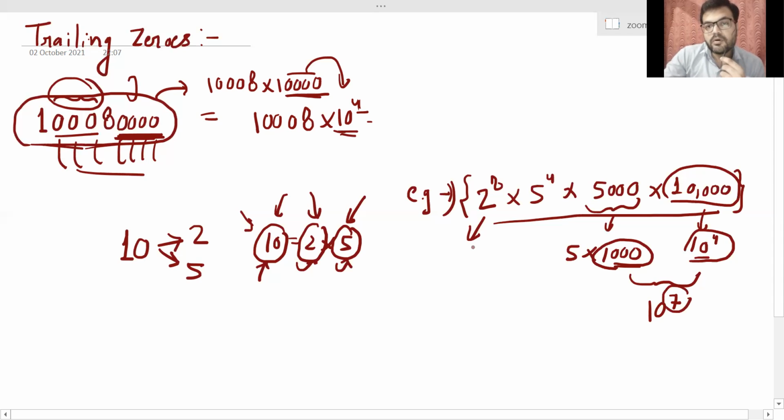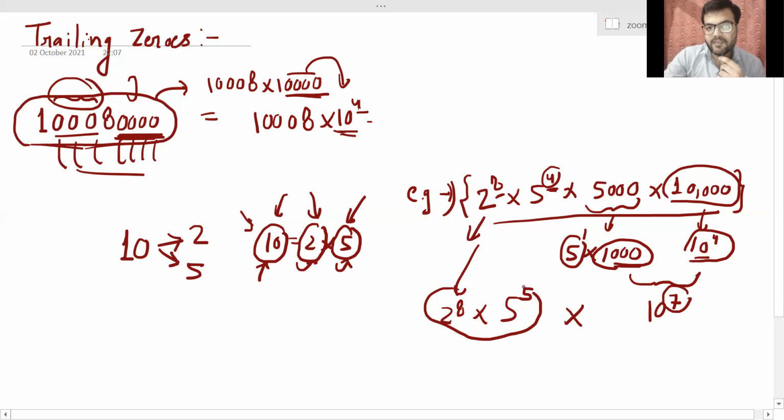We have the power of 2 as 8, the power of 5 as 4, and we have one 5 also here. So you can say 2 raised to the power 8 into 5 to the power 4 and one more 5. You will have 4 plus 1, 5 number of 5s, so 5 to the power 5. Now guys, look at this thing very carefully.